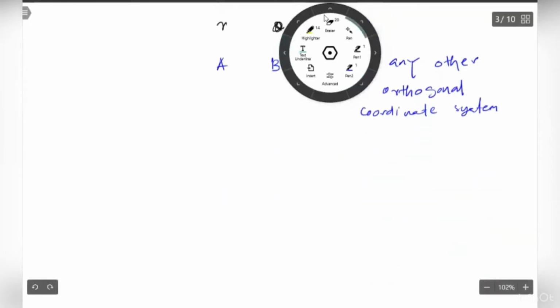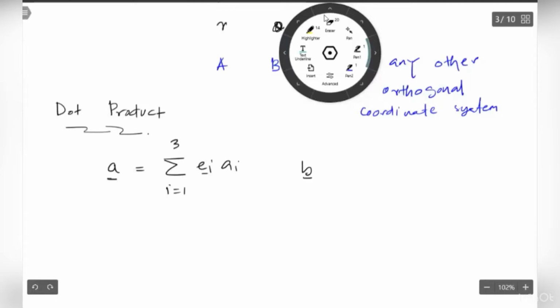So let's look into the dot product. Let's say I have a vector A and that is represented like this. And I have another vector B and that is represented like this, maybe with j from 1 to 3, e_j b_j.